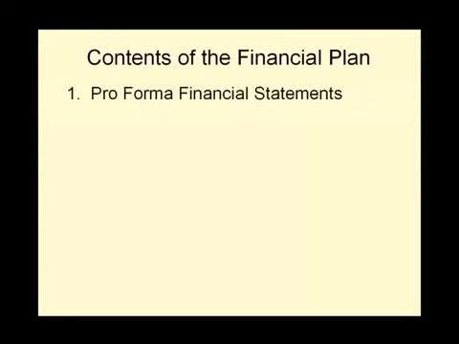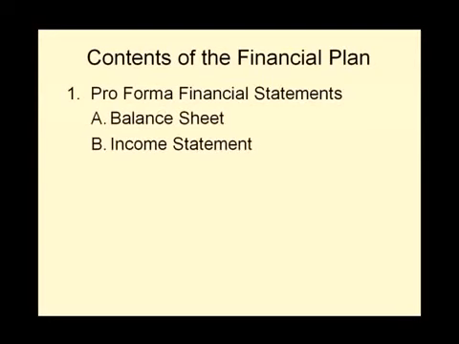The typical financial plan has at least three main pieces. It has pro forma financial statements, including a pro forma balance sheet, a pro forma income statement, and a pro forma cash statement.